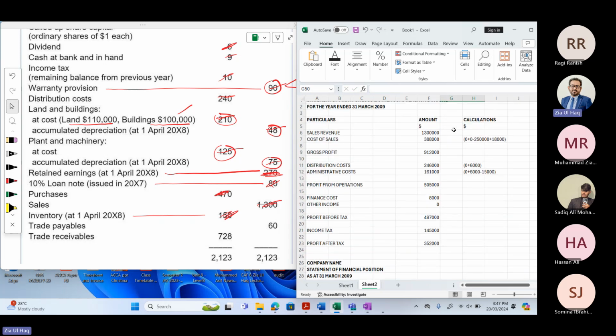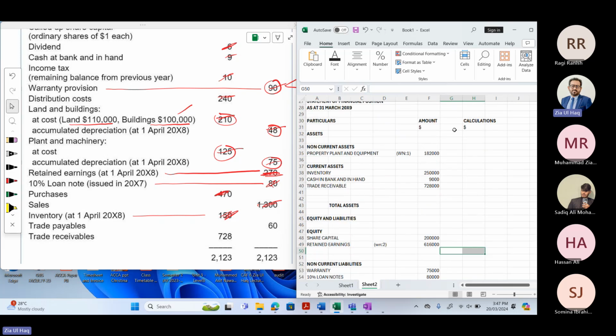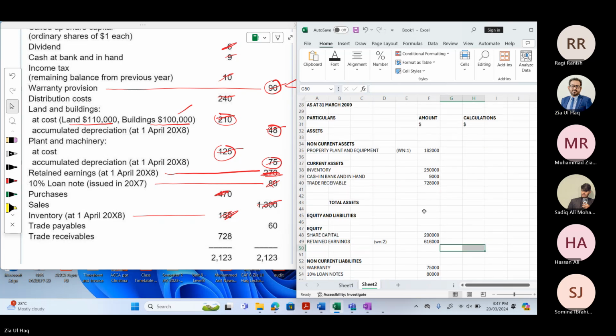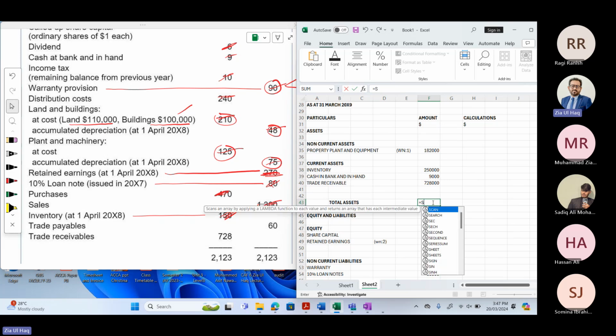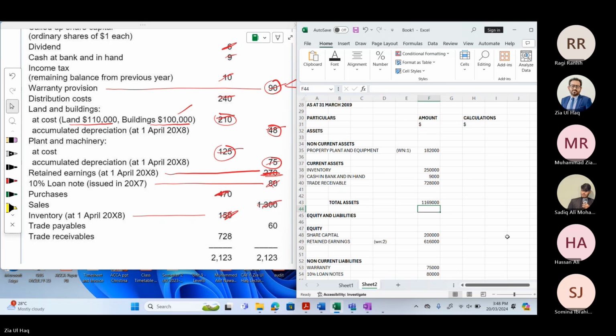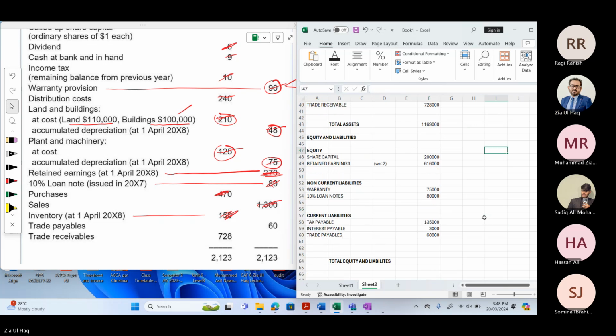Okay, so profit we have calculated. Now we can move towards these figures. So this total equal to sum, bracket start, from here till here, bracket, enter, total found.